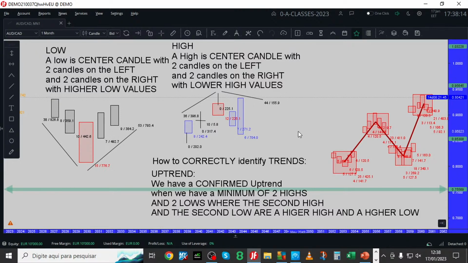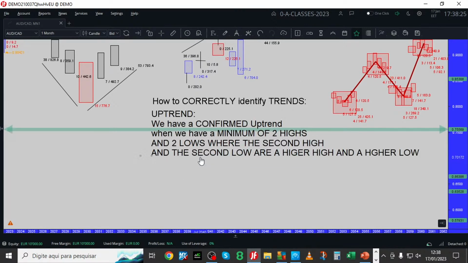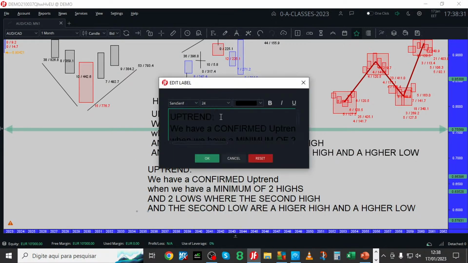Now, we have a confirmed uptrend when we have a minimum of 2 highs and 2 lows, where the second high and the second low are a higher high and a higher low. What is then a downtrend? Exactly, just in reverse, right?